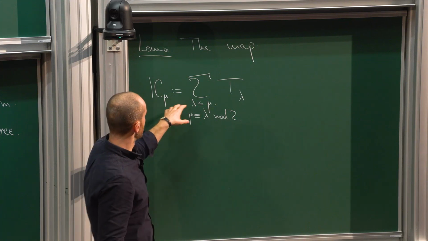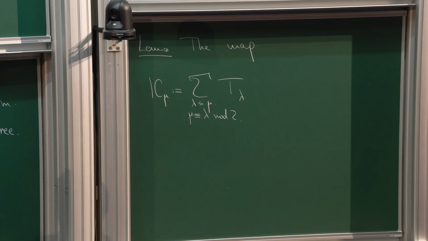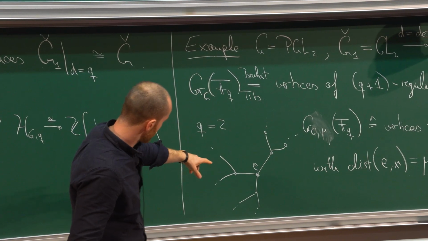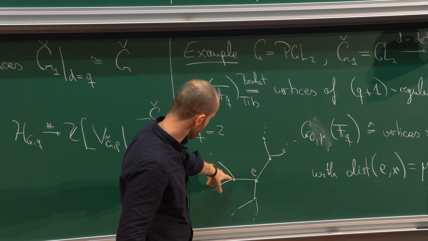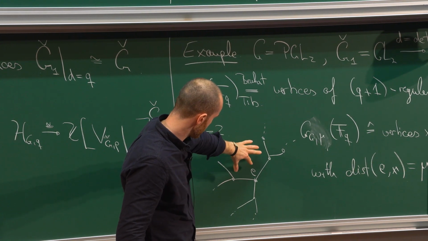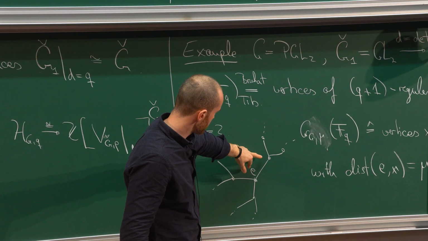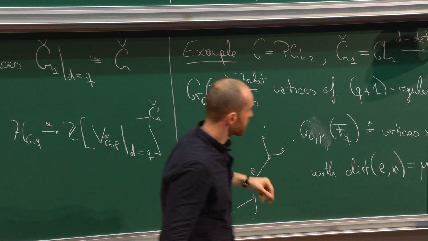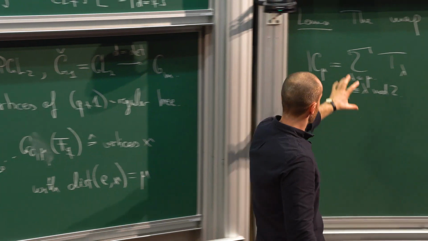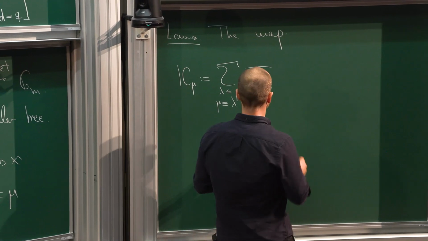Namely, for example, if you read in Serre's book about trees, there already appears this distinction between vertices of odd distance and even distance from the origin, and this is also what you see here.